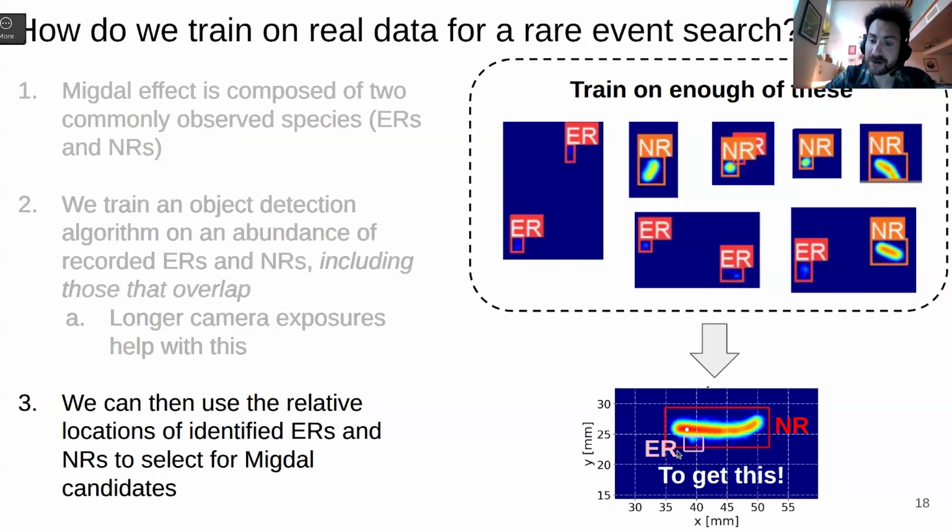The point here is once your algorithm is well trained, you're not training it to explicitly detect the Migdal effect. What you're training it to do is to detect the overlapping nuclear recoil and electron recoil. And then you can use the proximity of the contents within the bounding boxes that your algorithm finds, so the contents within the nuclear recoil and electron recoil, to select for the Migdal effect. So that's what we do.